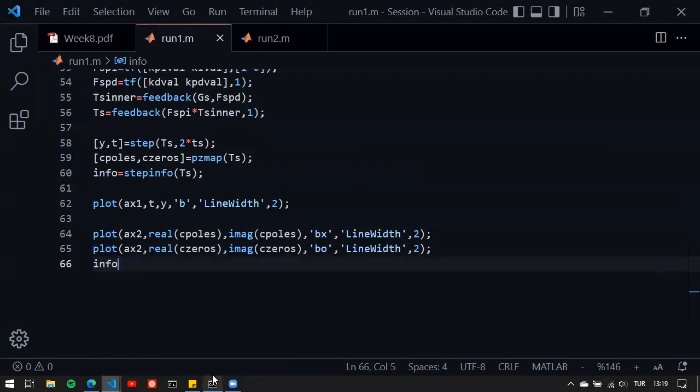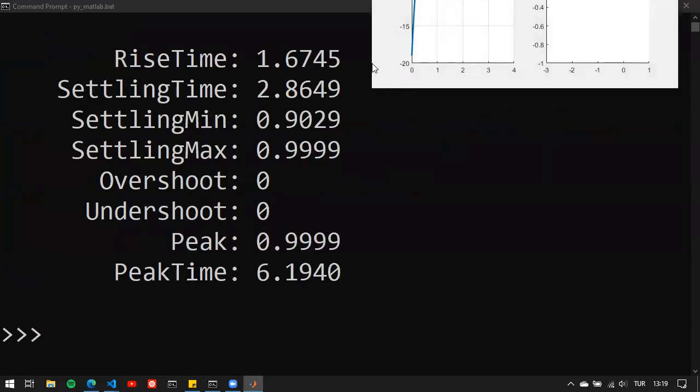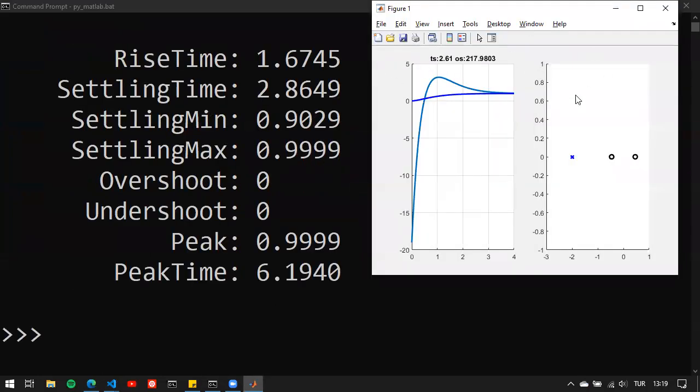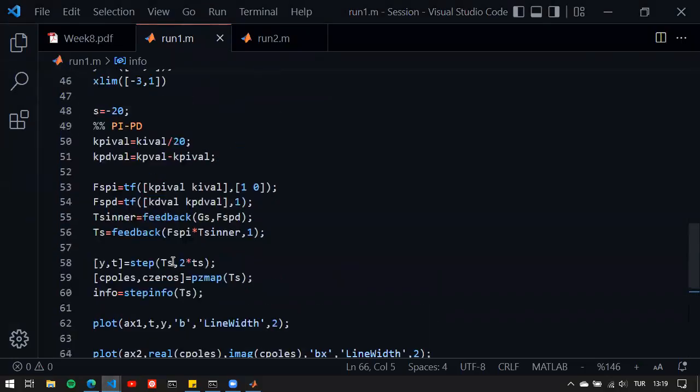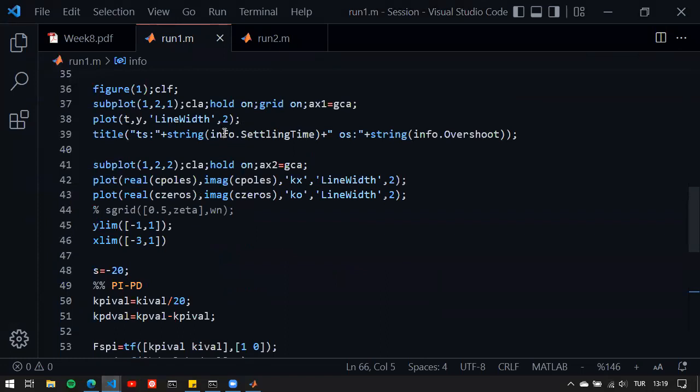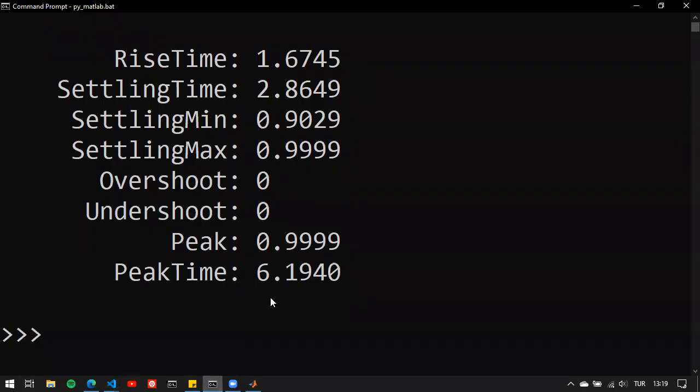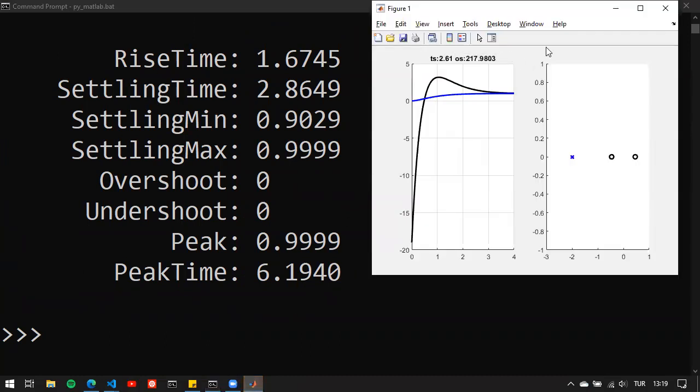We didn't color the first one. Let's fix that quickly. There we go.